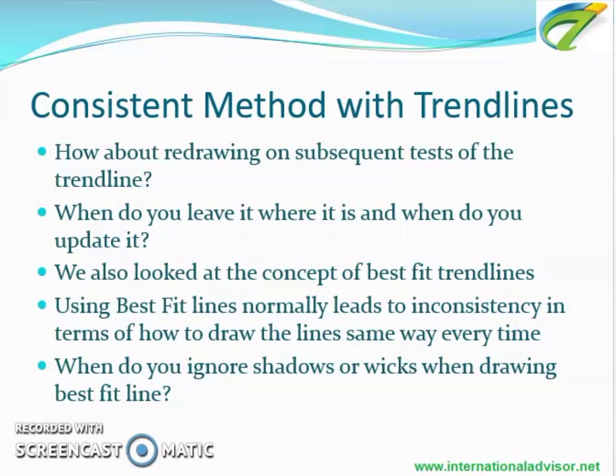We also looked at the concept of best fit trend lines. Using best fit lines normally leads to inconsistency in terms of how to draw the lines the same way every time. When do you ignore shadows or wicks when drawing the best fit lines?